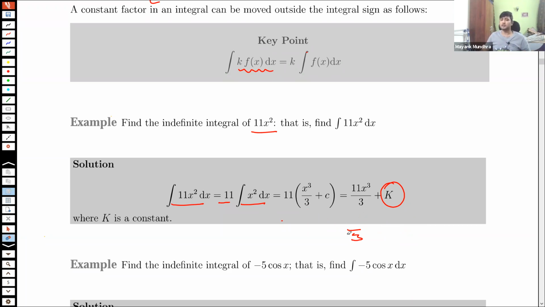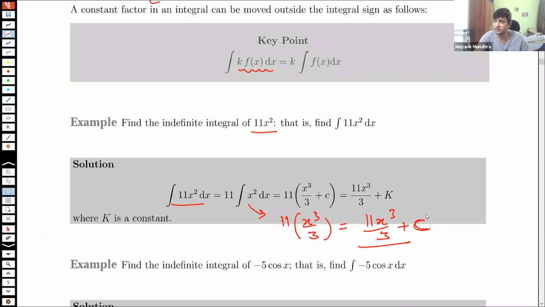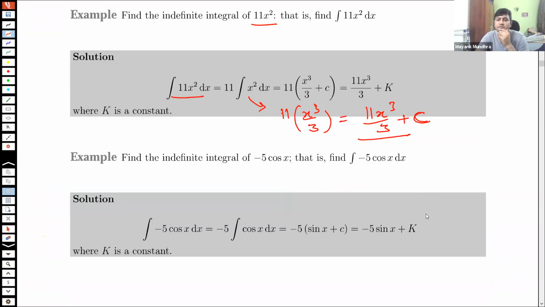Another way to do this would be to integrate 11 times x cubed by 3, without adding the constant in this step. This is the final answer which I want to report, and when I'm reporting the final answer, I just add a c to represent that constant which was lost in integration.